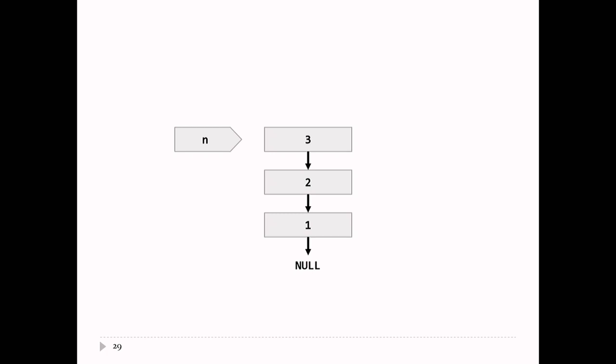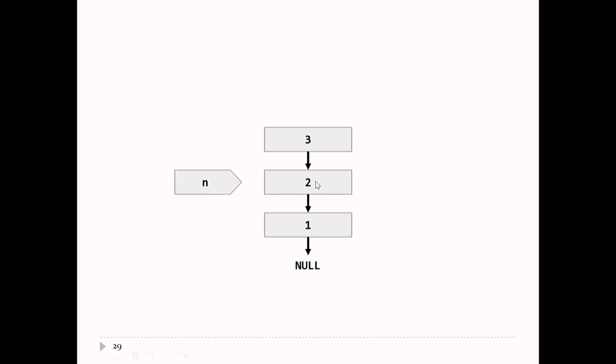So an example of this loop, starting at the top. Is n null? The answer is no. So do something with the node, and then advance n by following that link right there. So that moves n to the next node. Is n null?